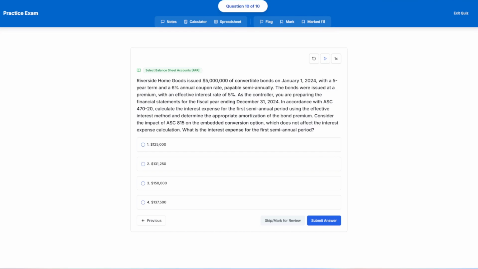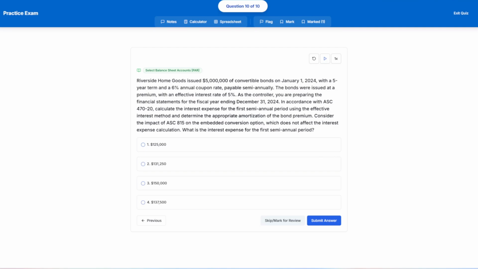The first thing to recognize is that this question is about the effective interest method under ASC 470-20, which deals with debt with conversion and other options. The core concept here is to calculate the interest expense for bonds issued at a premium using the effective interest rate rather than the coupon rate.